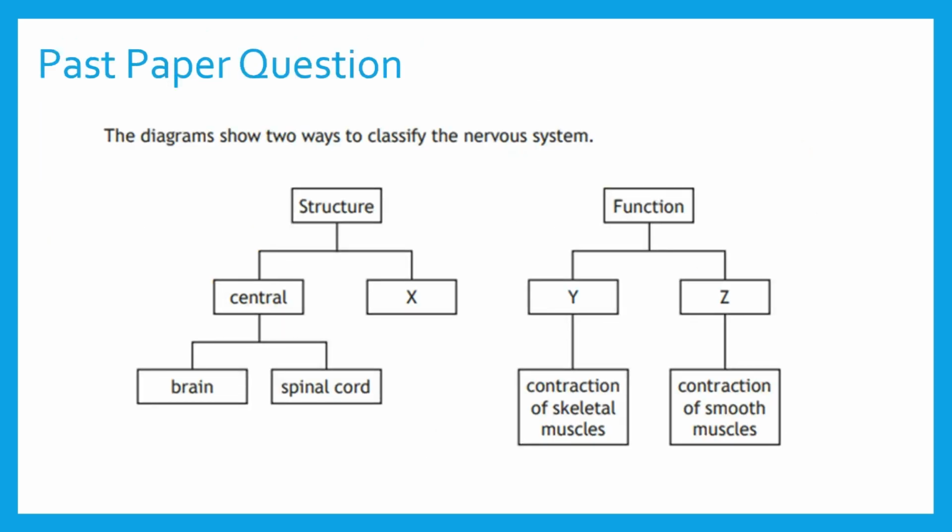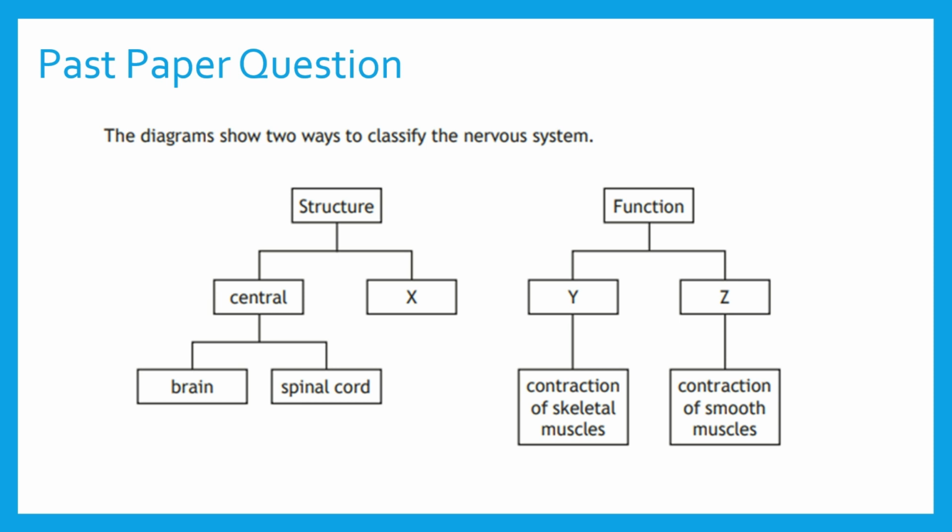So let's try some past paper questions. So here we have two diagrams to show ways to classify the nervous system structurally and functionally. So pause the video and identify X, Y and Z. So let's start by looking at the structural diagram.